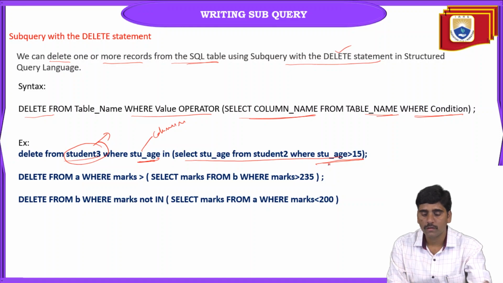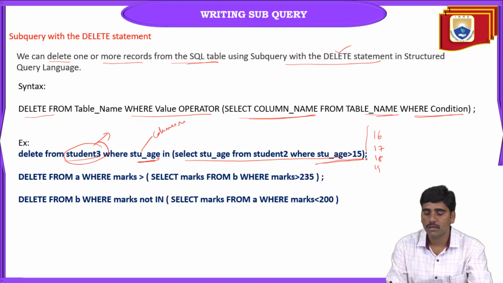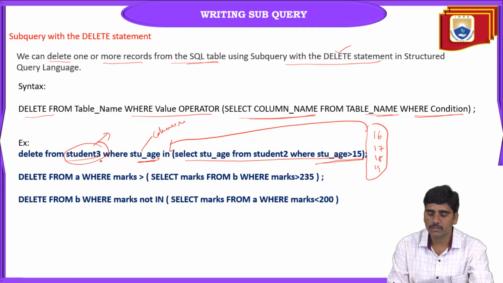So here if I execute this query, SELECT student_age FROM student2 WHERE student_age > 15, whoever has an age greater than 15 will be displayed: 16, 17, 18, 19. So this result will act as a condition for the main query. DELETE FROM student3 WHERE student_age IN (16, 17, 18, 19).